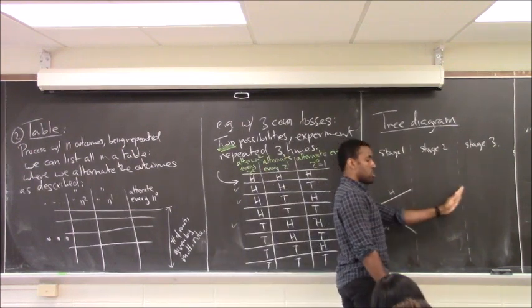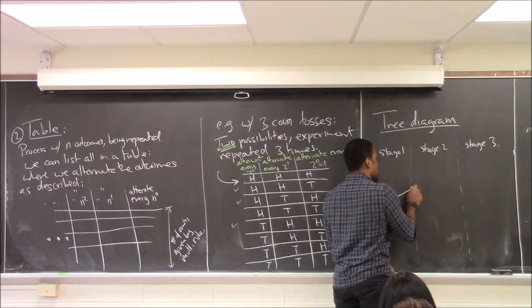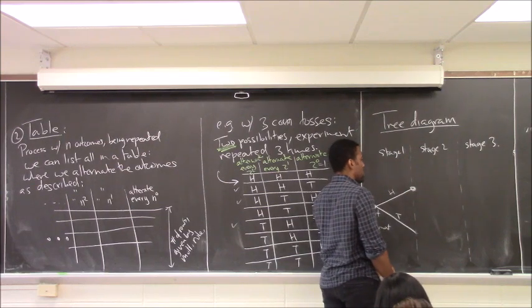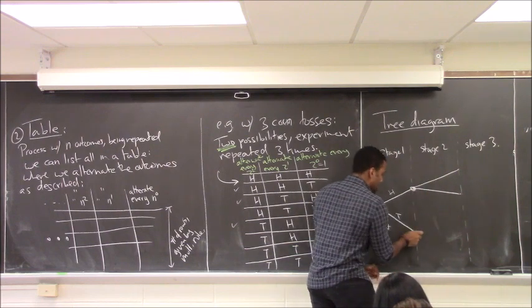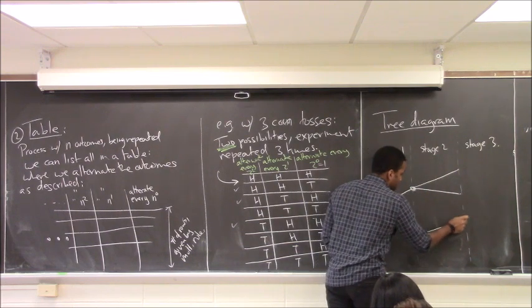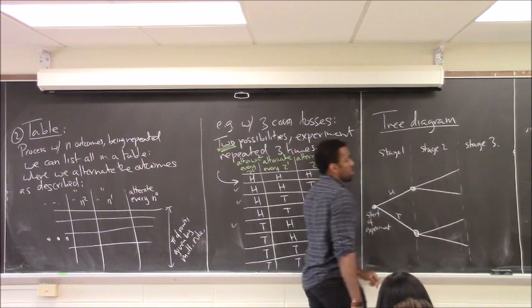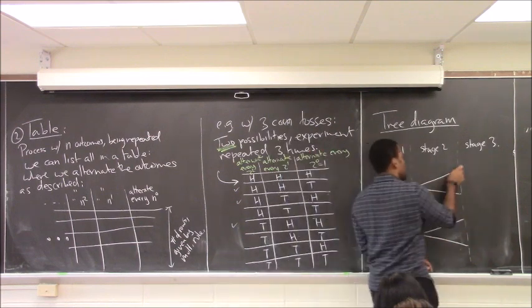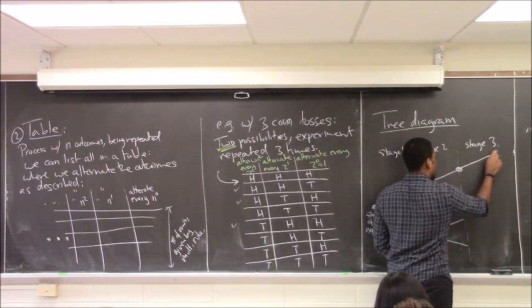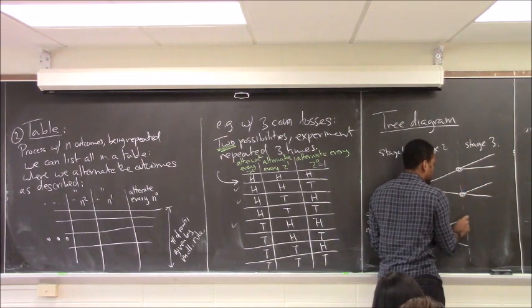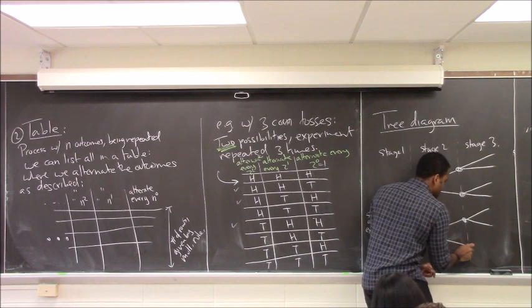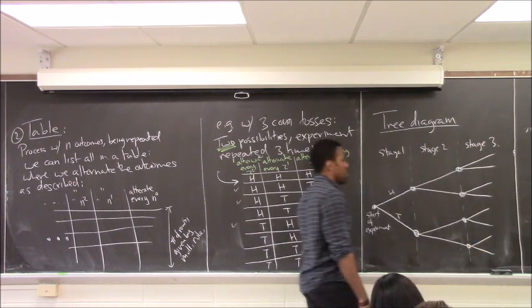Once you're here and you're about to start stage 2, this is now your new starting point. And what are the possibilities? Well, now there are 2 again. If this was your starting point, you again have 2 possibilities. And if you were in this possibility, you would have 2 possibilities. This possibility would have 2 possibilities. This one, too.